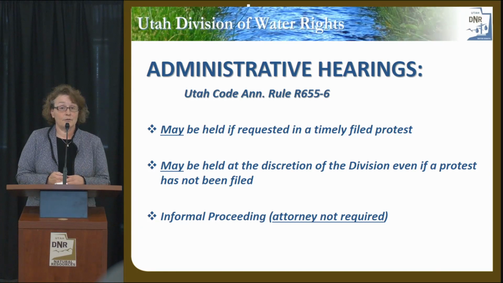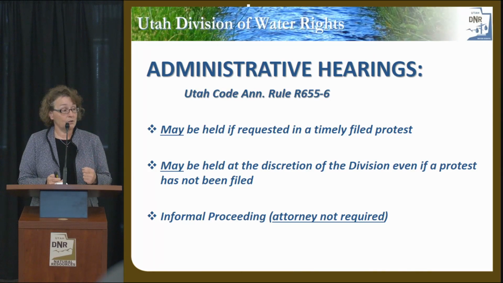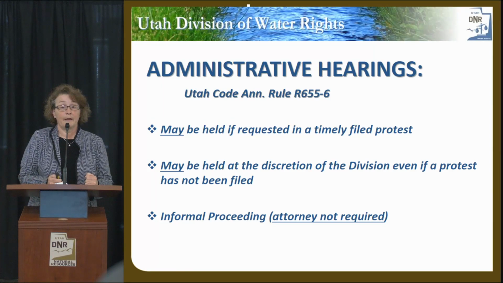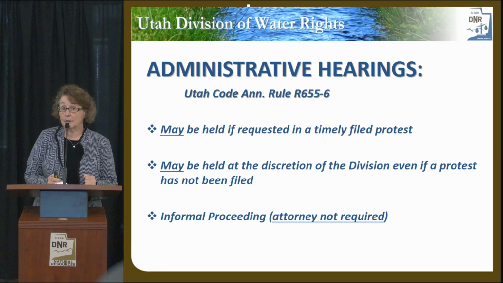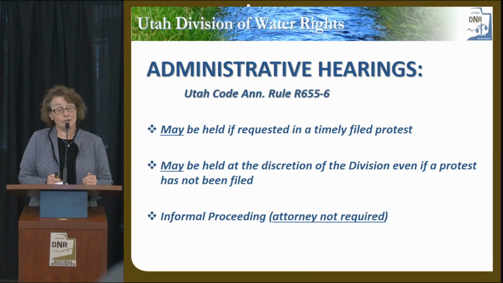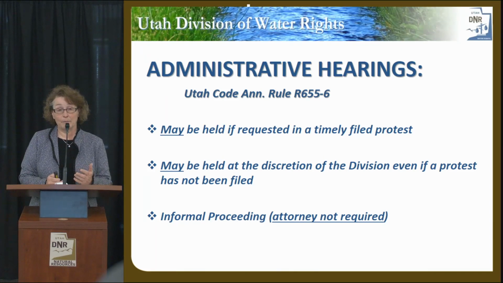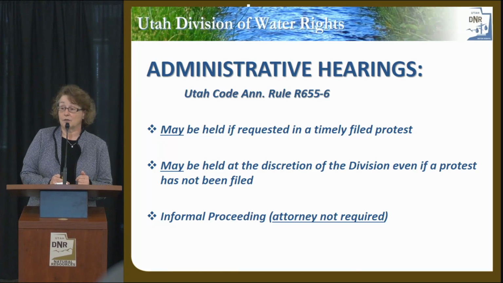Under the administrative rule of Utah Code R655-6, that outlines the criteria that a hearing, an administrative proceeding with the state engineer, is governed by. And we may hold a hearing if it's requested in a timely protest, or those hearings may be held at the discretion of the division. Even if a protest hasn't been filed, we may actually schedule a hearing.